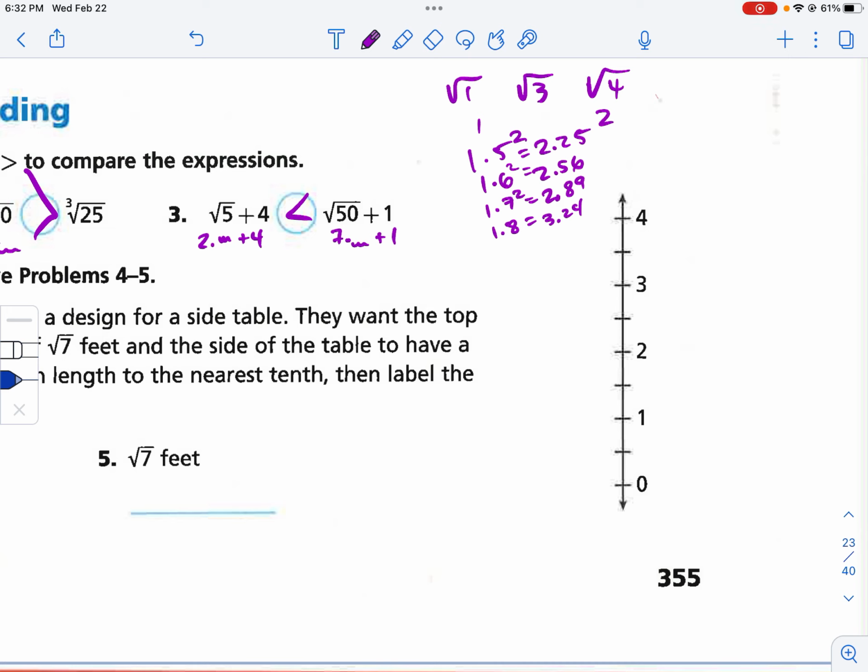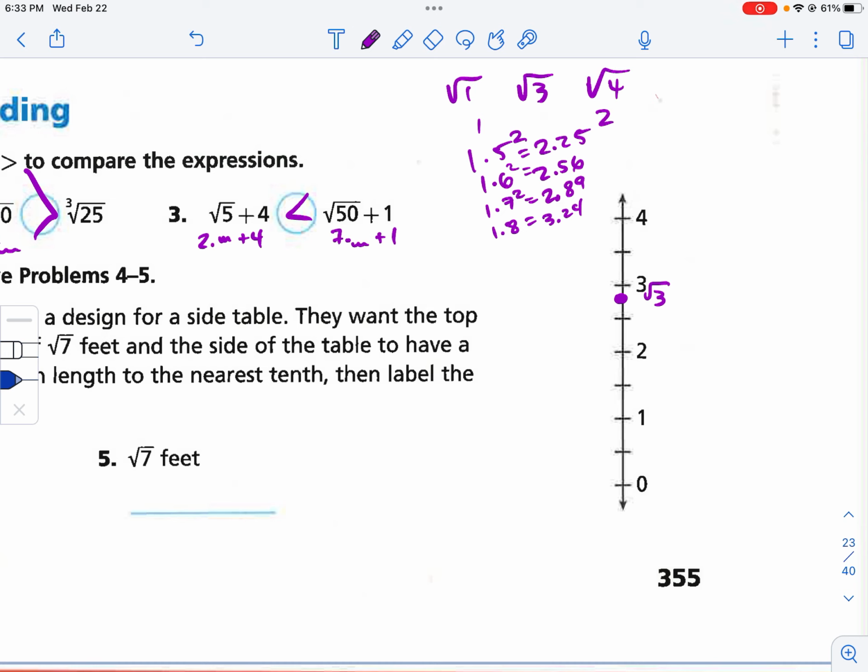So that's going to be 3.24, 2.89. That's 11 away, 2.89. So it's going to be about here. And that's the square root of 3.